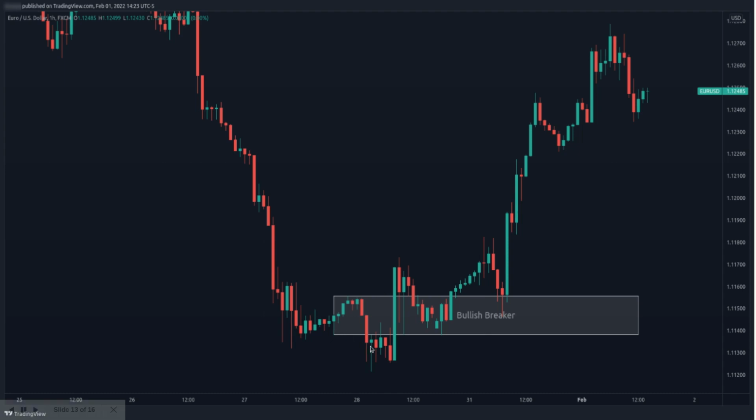So prior to this point, see the swing low here, you have a swing high right here. You have a swing high, you have a swing low, you have a swing high.